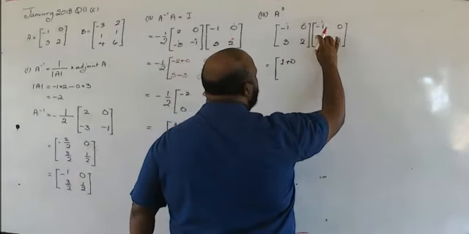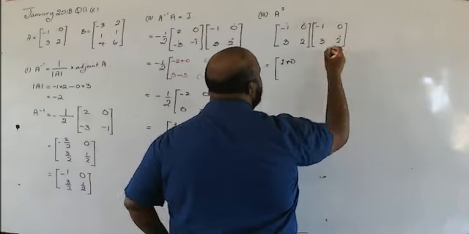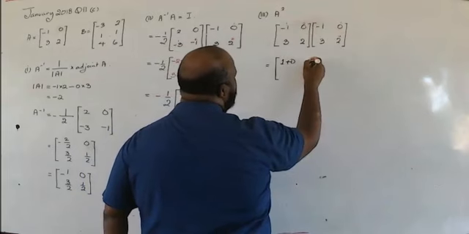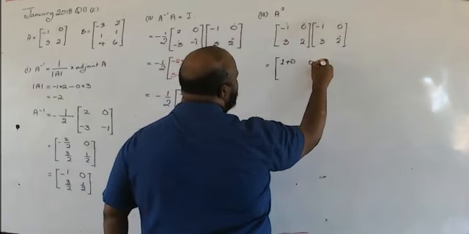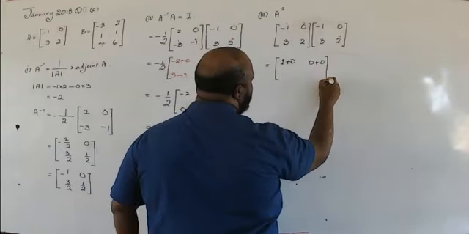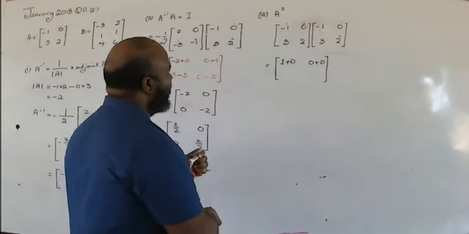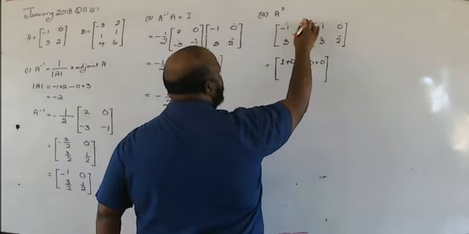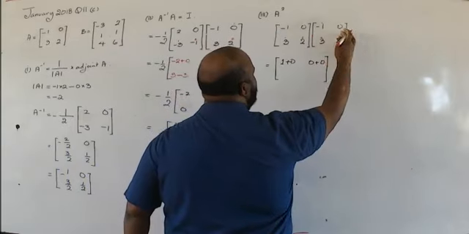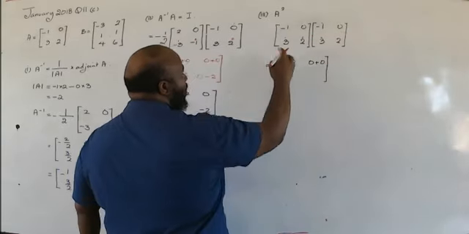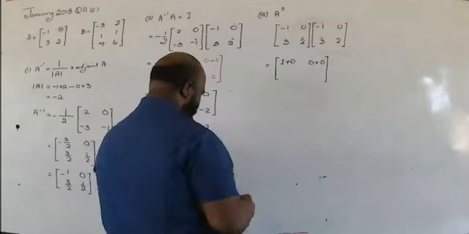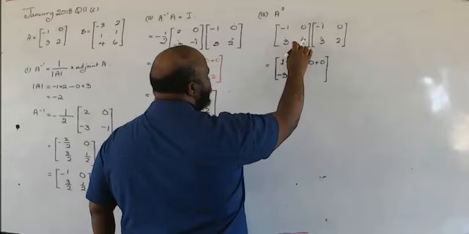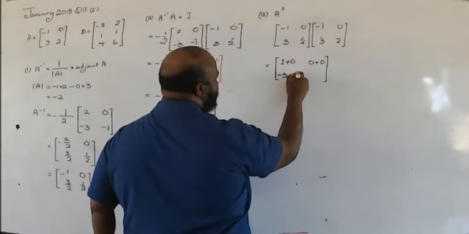Move over to the right column. Minus 1 times 0, plus 2 times 0. Bottom row, left column: 3 times minus 1 is minus 3, plus 2 times 3 is 6.